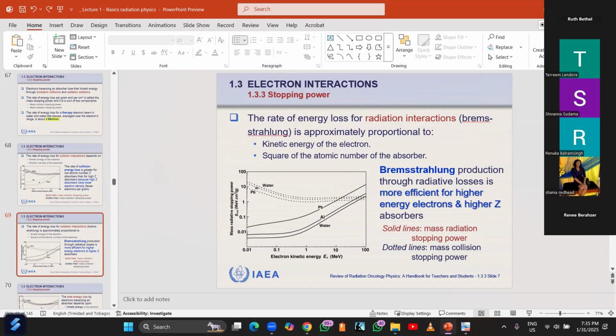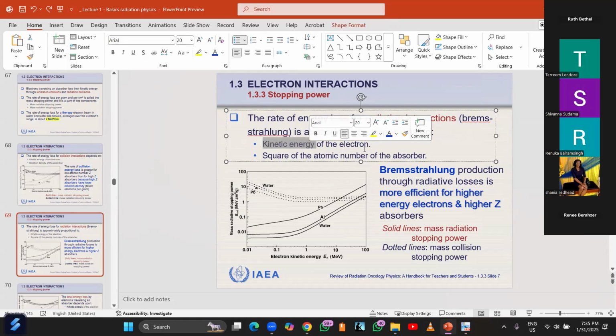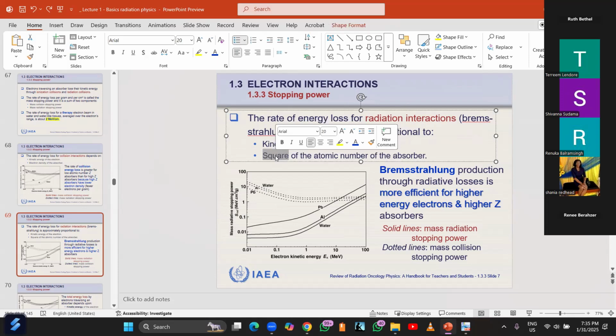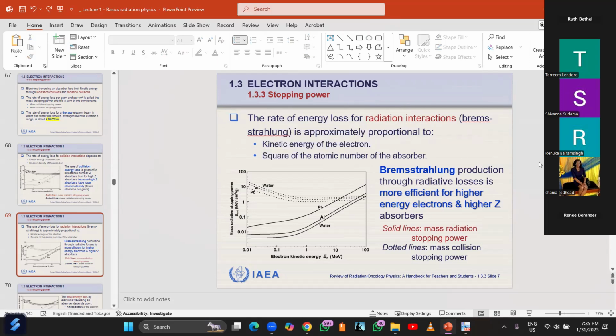The higher the Z number, the higher the efficiency of Bremsstrahlung production. The higher the kinetic energy, the better. The higher the atomic number, the better. But it's even more pronounced for atomic number because of the square component. If you double the atomic number, the efficiency is going to be increased by a factor of 4. So Bremsstrahlung is going to be more efficient for higher energy electrons and higher Z absorbers.